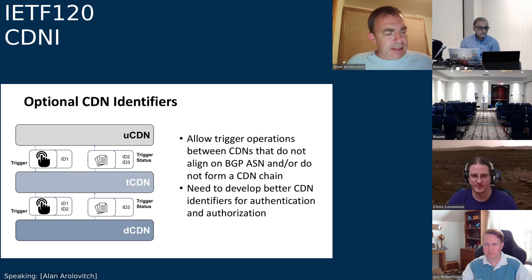And also practical deployments do not really use BGP ASN in all cases. So to allow for that, we just made it optional. If you are still using chaining and need that, you can have it. But generally, I think there's an ask for something broader, and that's not in the scope of this draft, but I think we do need to work on a better CDN identifier, to replace it with something that would be workable and comply with current implementation realities. Next slide.